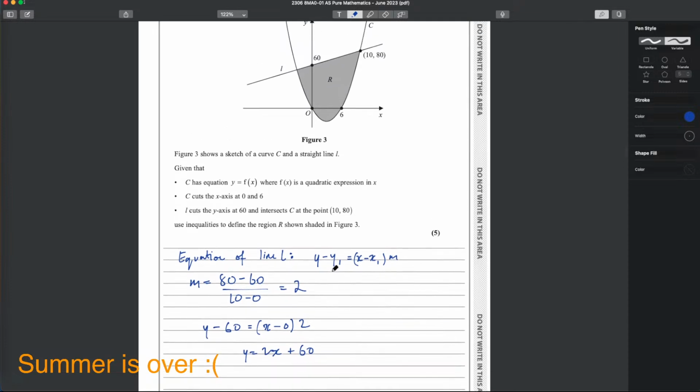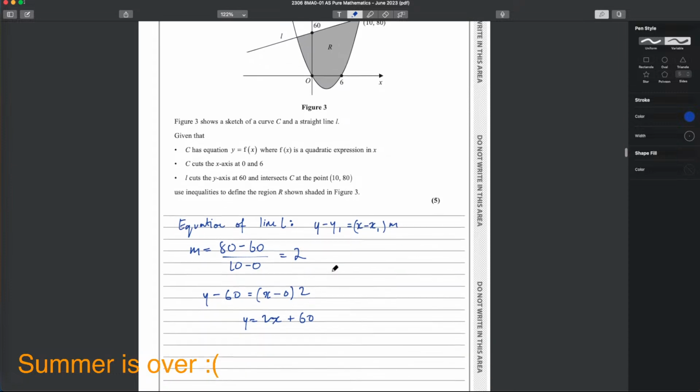And now we want the equation of the quadratic. So it has a vertical axis at x equals 3. In other words, it's translated to the right 3. No, it's easier to use the roots, right?